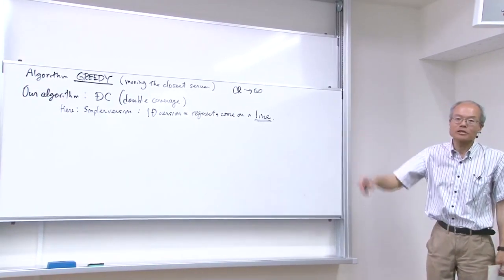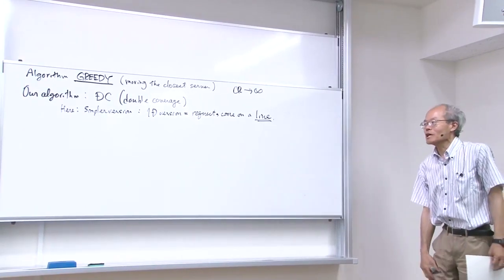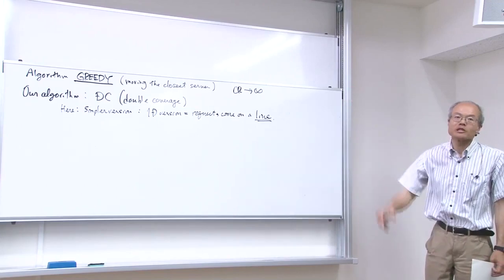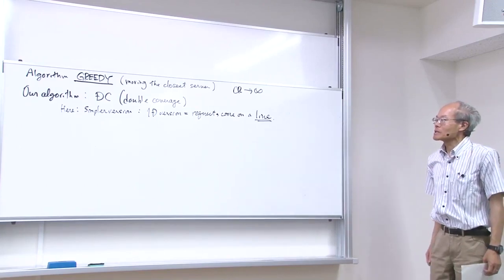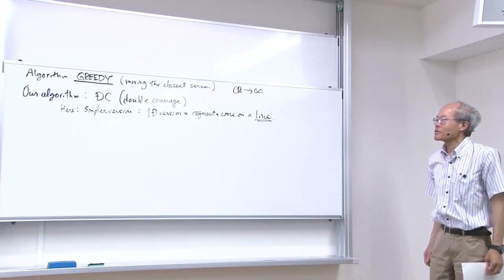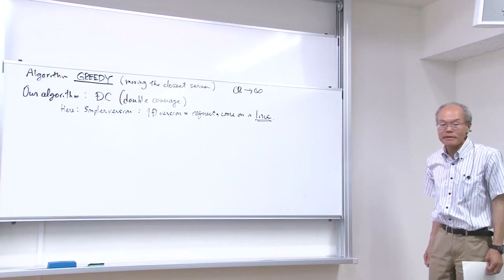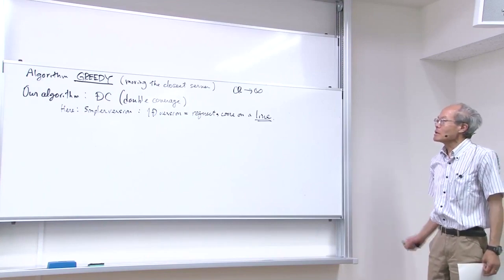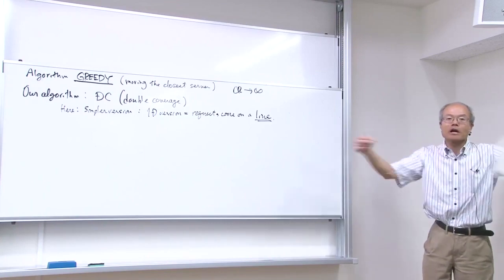Of course, usually this game is played on a two-dimensional Euclid space, but here I'll show you a simpler version, meaning all requests come on a line.